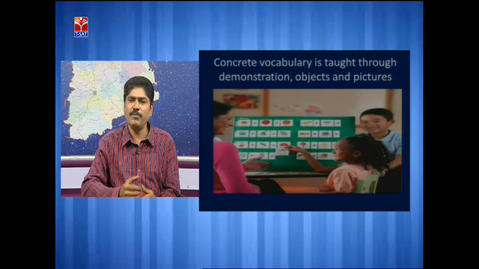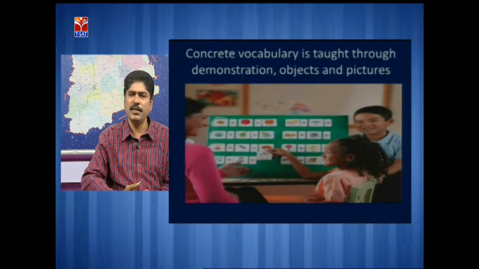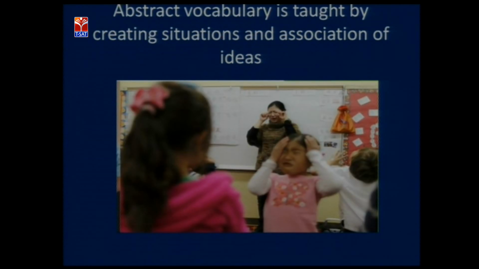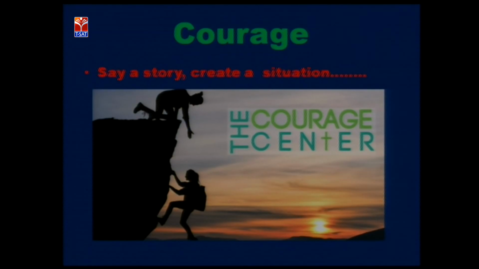For concrete vocabulary, we show some objects, we perform some demonstrations and show pictures and objects. Then, by creating situations and association of ideas, we teach abstract vocabulary. That means courage. See, this girl is a very courageous girl.